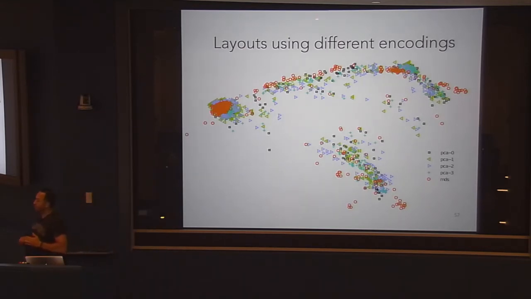And we also used multidimensional scaling on pairwise Hamming distances, and we get visually very similar results. So this is what we get visually. We were worried about whether the layout, the structure, is going to change if we change the numerical encoding, which it didn't.